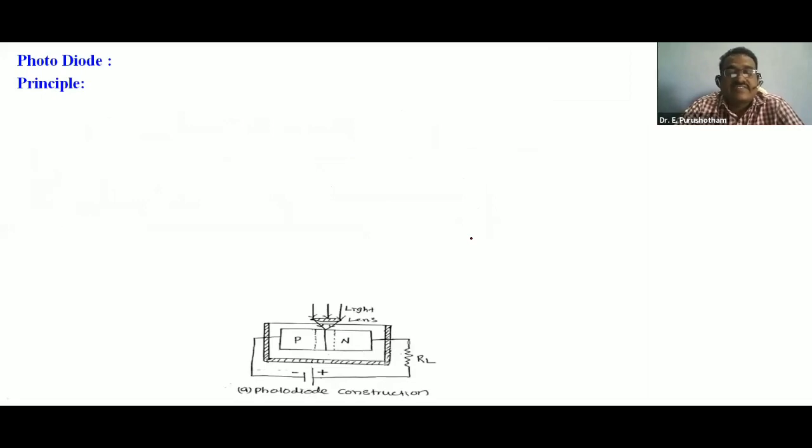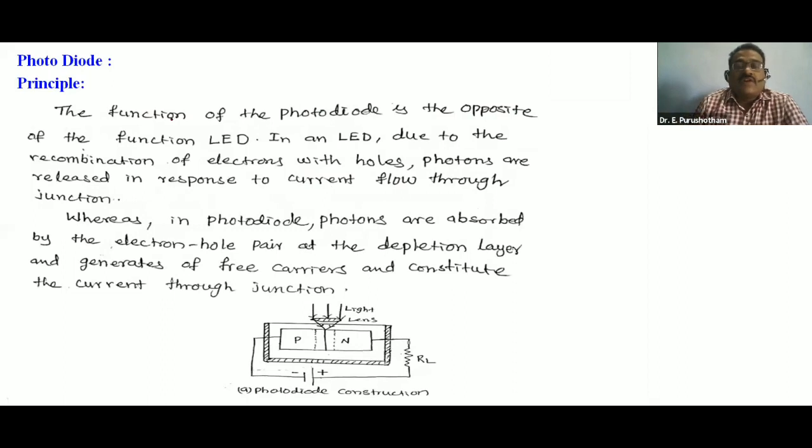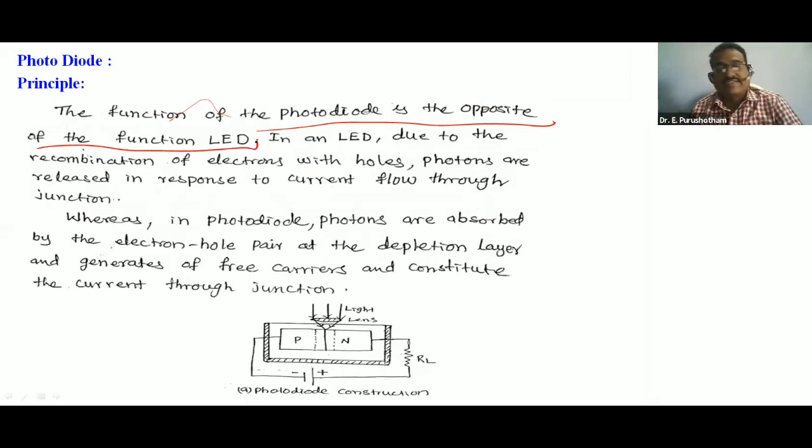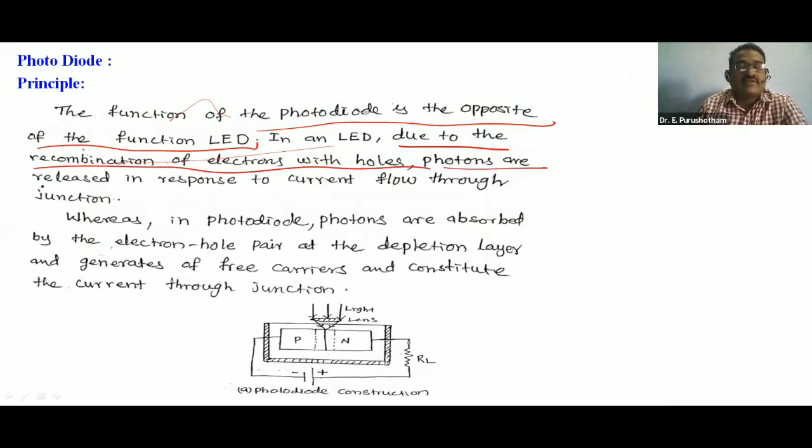So the photodiode principle, already I discussed. This is the photodiode figure. You can see the function of the photodiode is the opposite of the function of LED. In an LED, due to the recombination of electrons with holes, photons are released in response to the current flow through the junction.